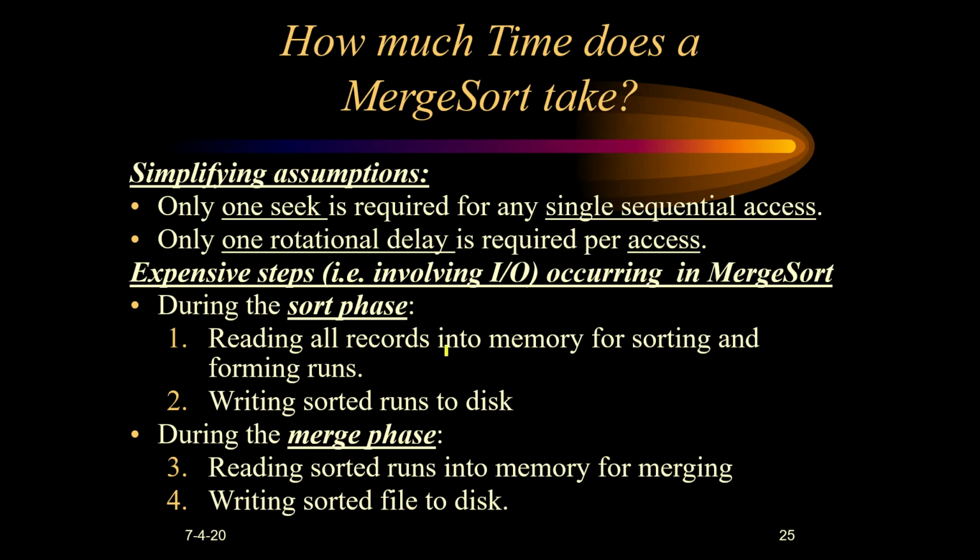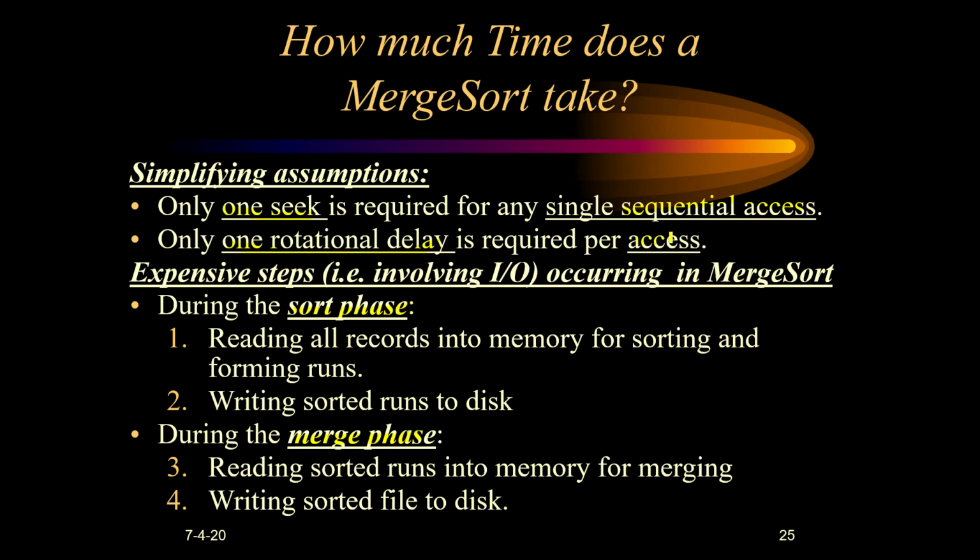The procedure is divided into two phases: the sort phase, and the second phase, the merge phase. Since we mainly want to improve our performance, we try to improve it by making our seeks always use sequential access. The only addition is that for every seek we have a rotational delay.